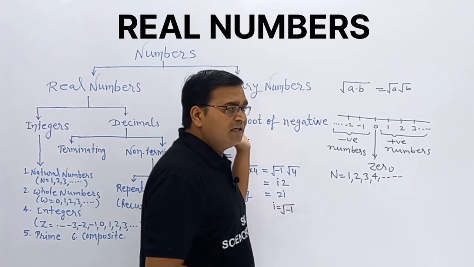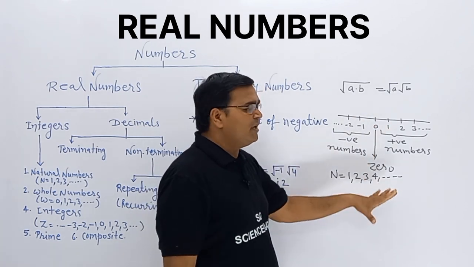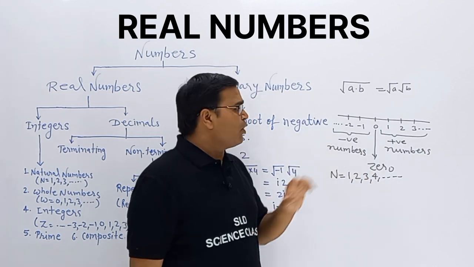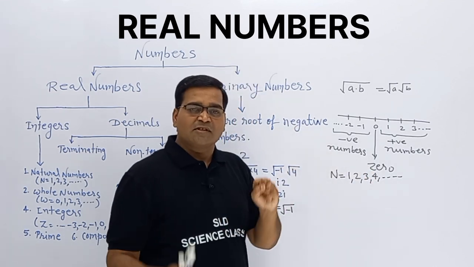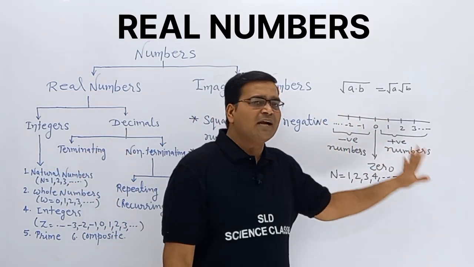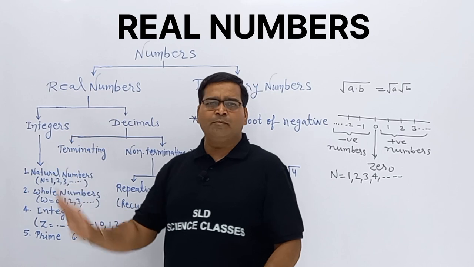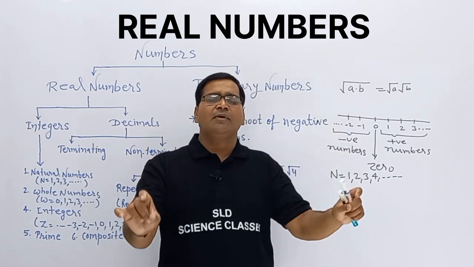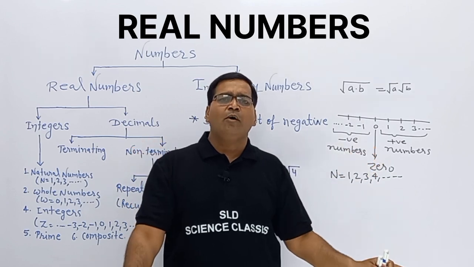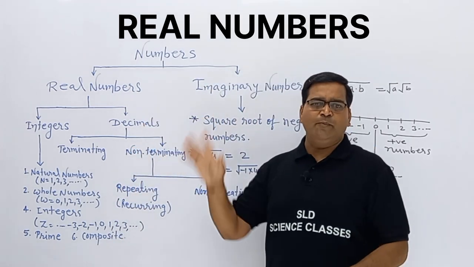Listen, in the number line, we are having so many numbers, either positive, 0 and negatives. From these numbers, some are the integers and some are the decimals. On the number line, we are having all real numbers, either in the integer form or in a decimal form.